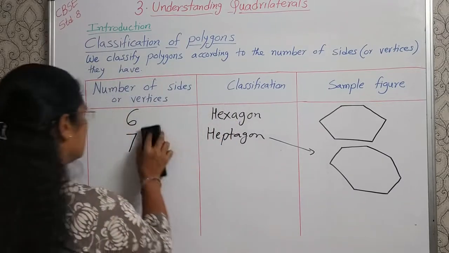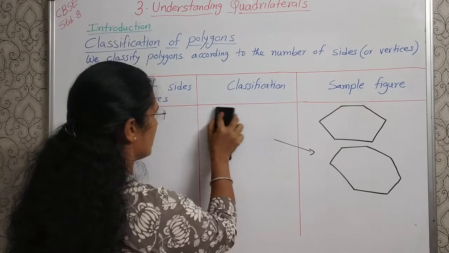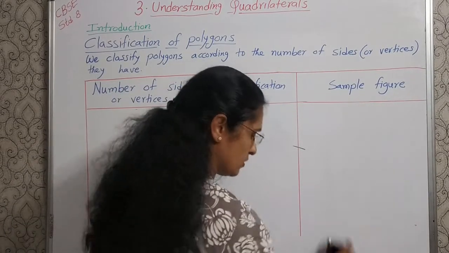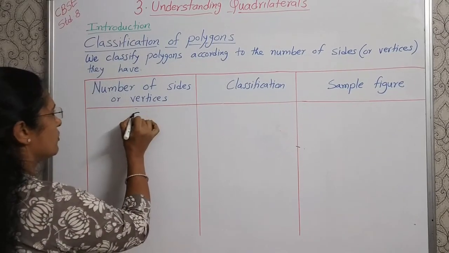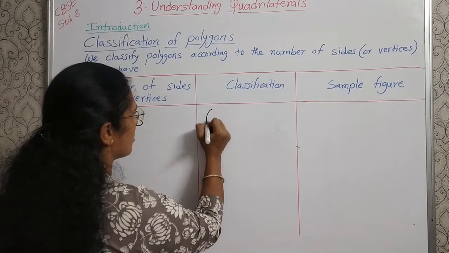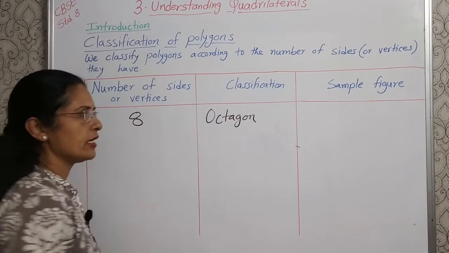Next is the 8-sided polygon. It is called an octagon. 8 sides. If the number of sides is 8 and the number of vertices is 8, then it is called an octagon. Octa means 8.